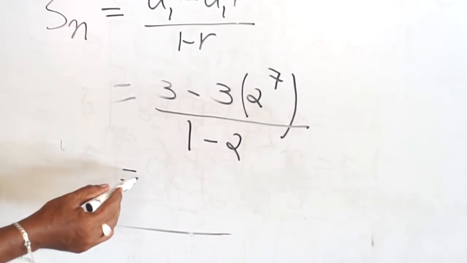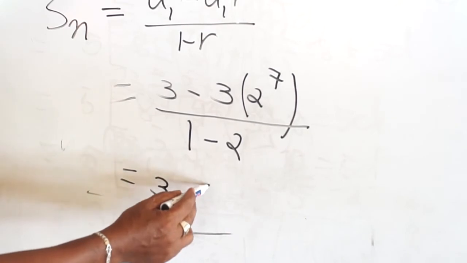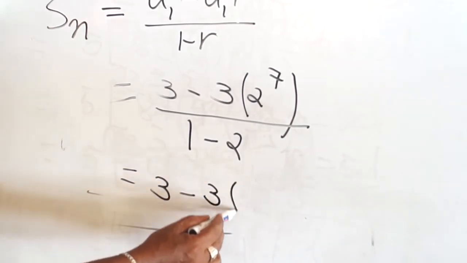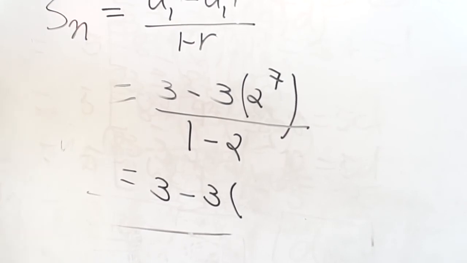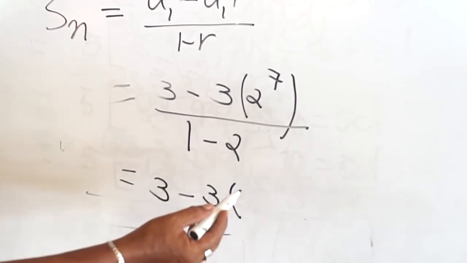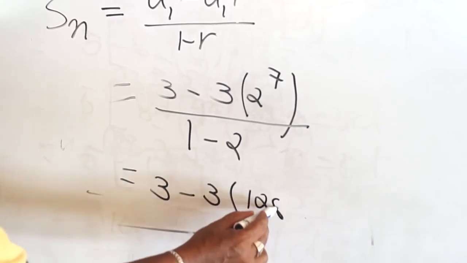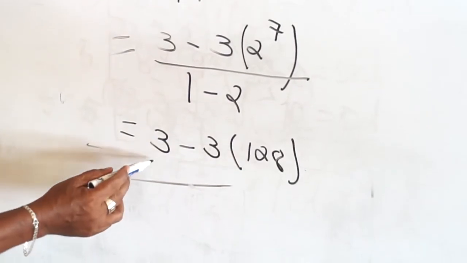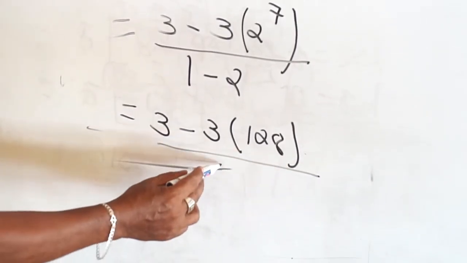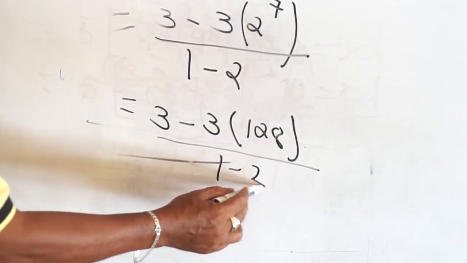Okay, so we have 3 minus 3, open quantity, multiply 2 by itself 7 times. So the product is 128. Close quantity. Then divide it by 1 minus 2.